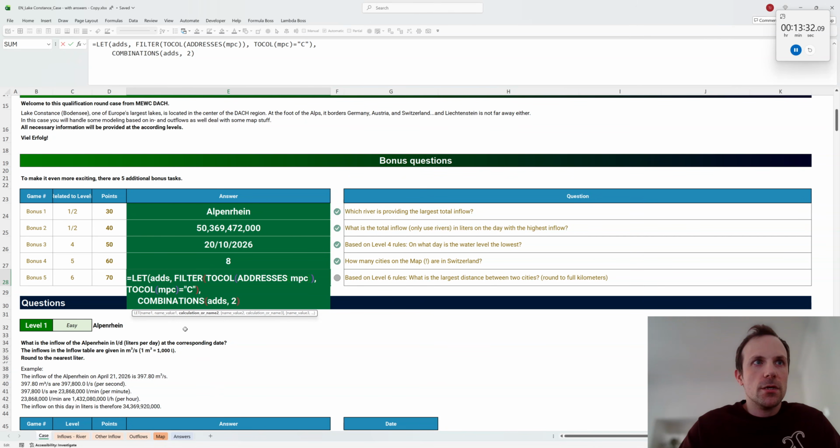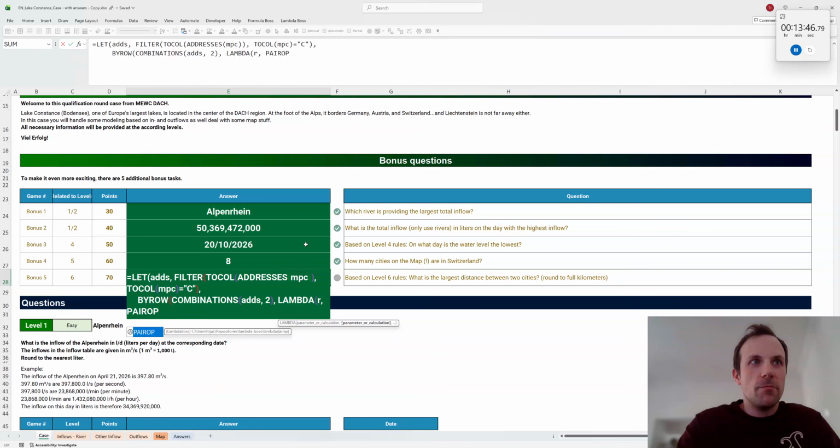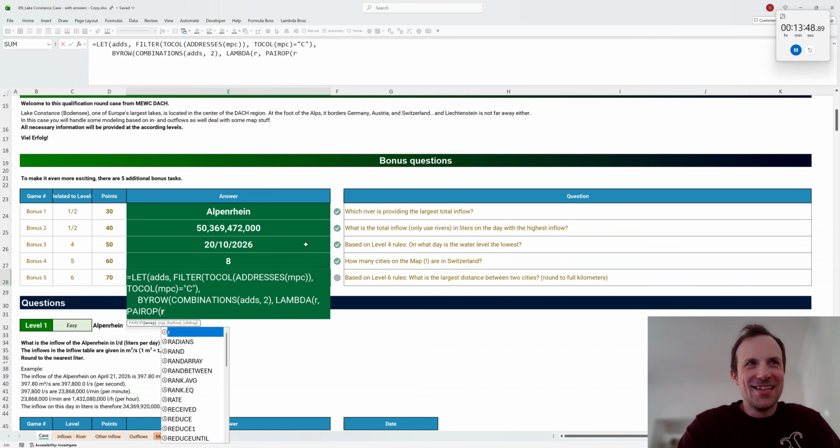And I want to do a by row of those. And for each row, I want to work out the distance between the two things. So I'm going to do a pair op. It's getting silly now.